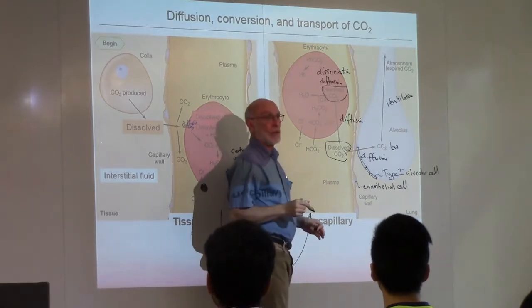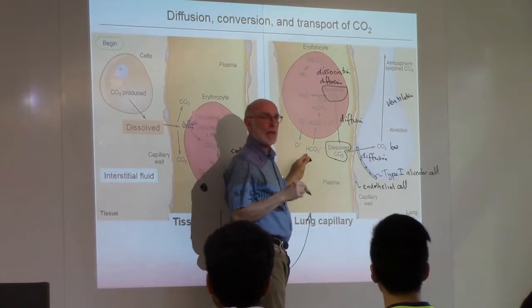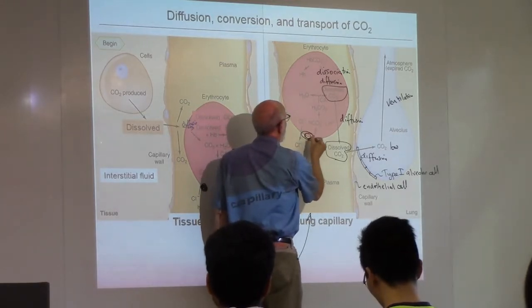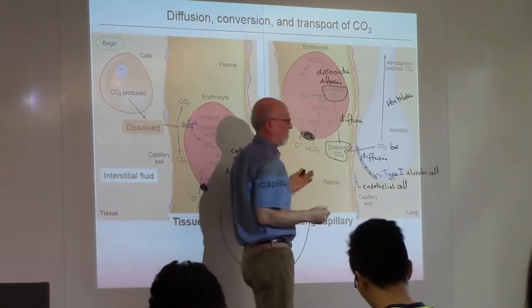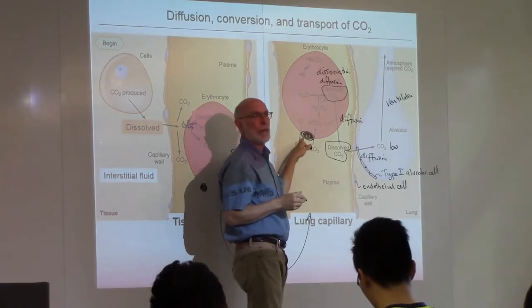Some of the CO2 came from bicarbonate. So let's watch this. Again, your textbook is defective or deficient. What is this arrow? What is this blob?